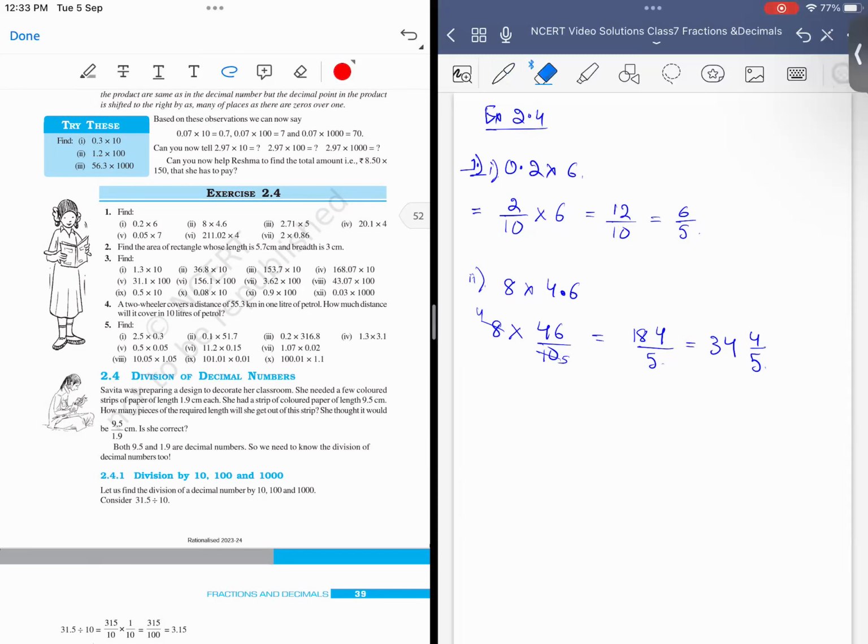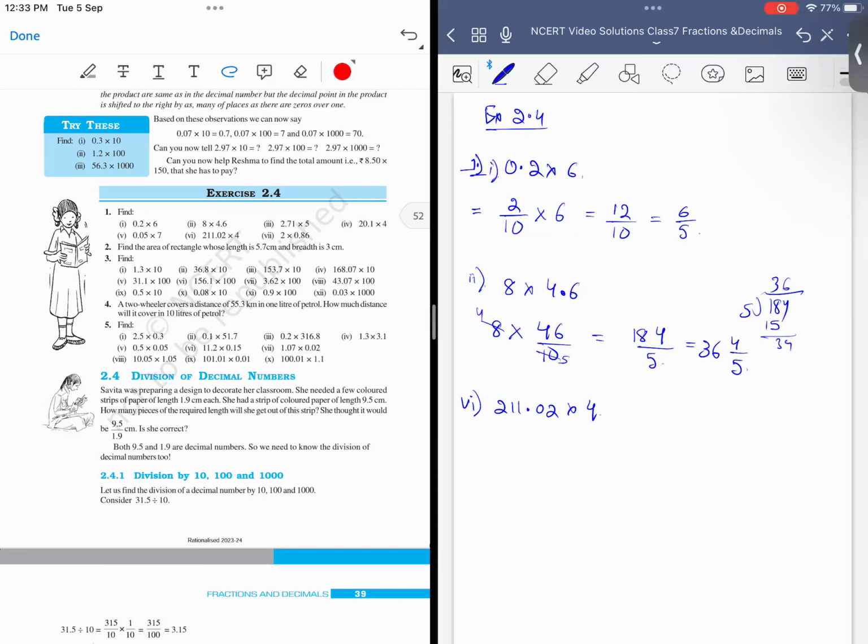Yeah, you can check it. Wait, let me check. 184 divided by 5, which is 3 times 5 is 15, 5, 6. So that will be 36 whole 4 by 5. So likewise, you can do the rest. Like talking of question number 6, 211.02 into 4.